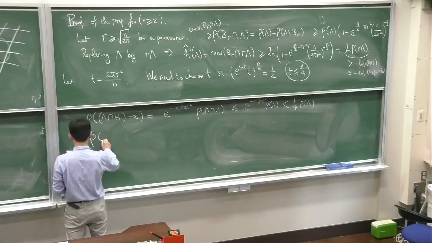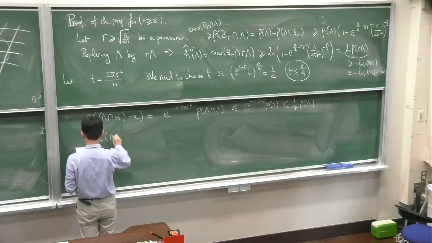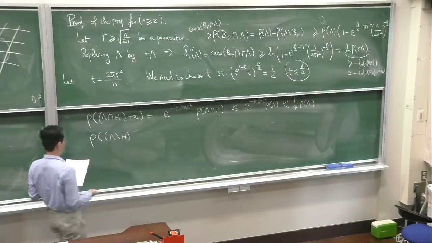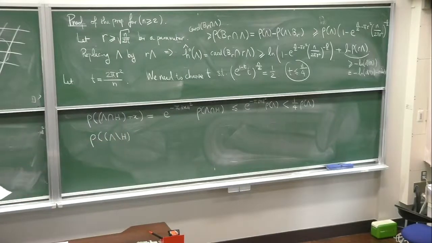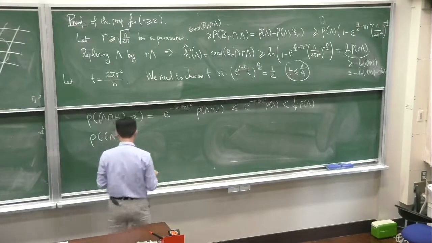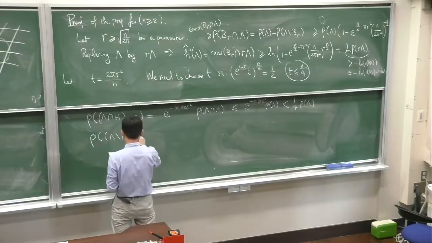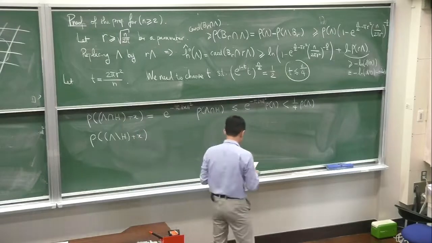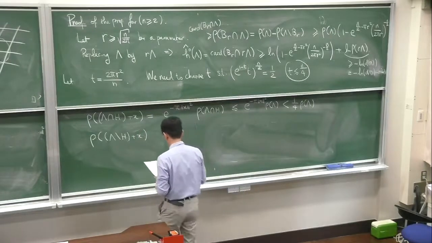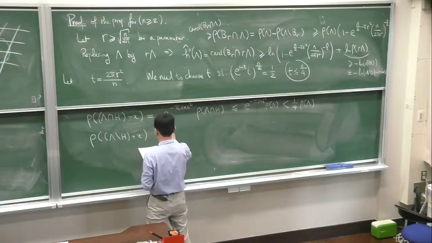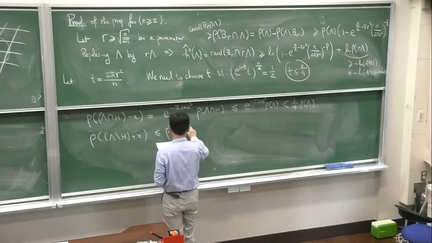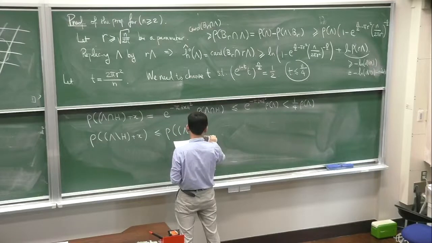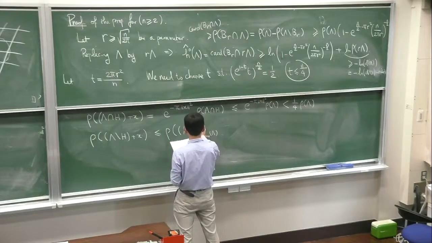So now another way to compute this is to compute lambda. Now I compute a lattice point, but outside h plus x. So this one is smaller than rho of lambda divided by the lambda max of lambda.